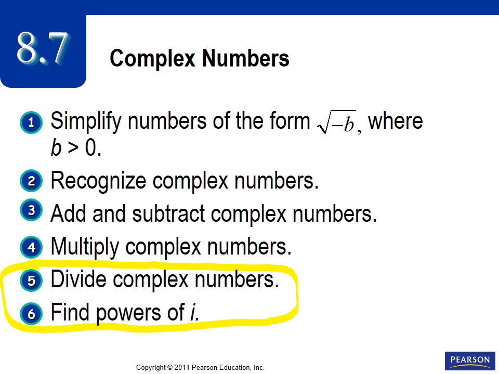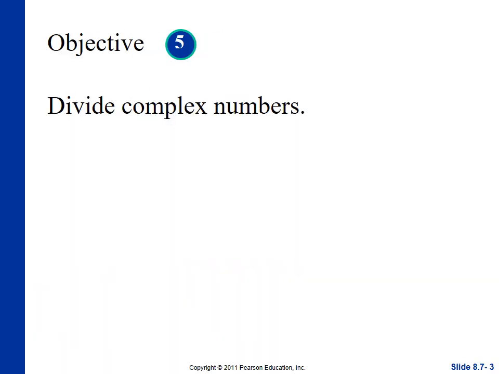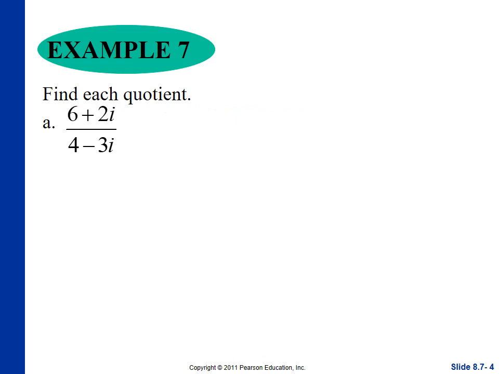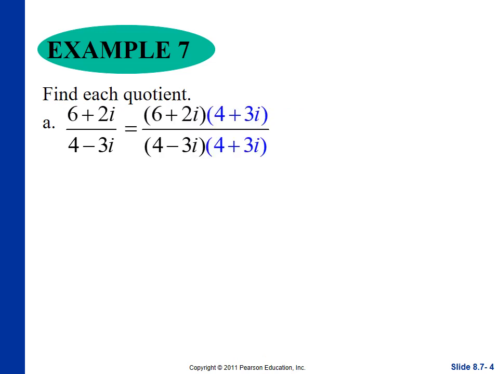So, dividing complex numbers. Anytime we do this, the first thing we want to do is get rid of this situation here in the denominator. So what do we do? We multiply by the conjugate.